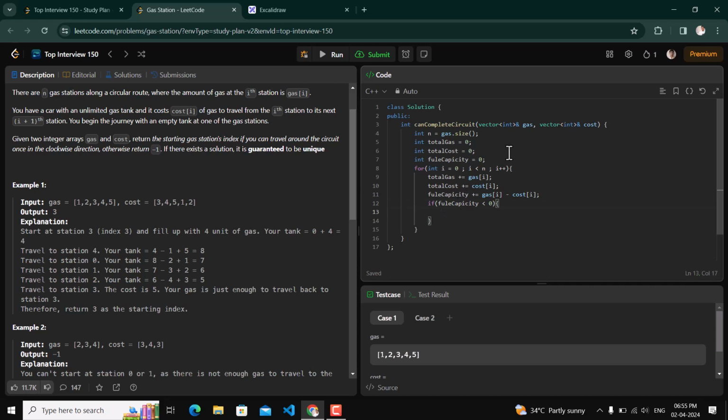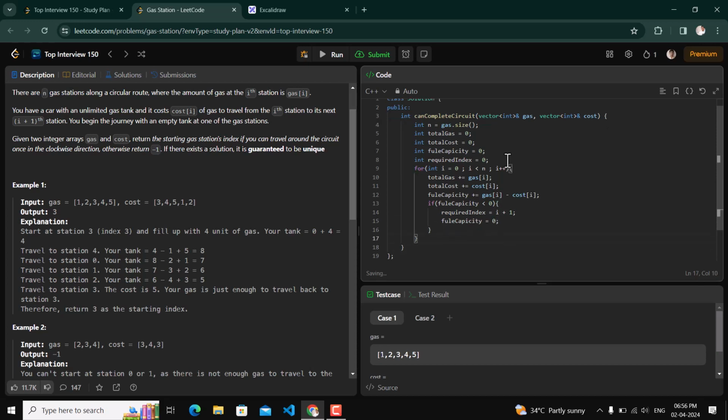Okay, sorry, we have to make one variable that will have the answer: required index equals to 0. Then required index equals to I plus 1, because we will start from the next, and then we will make fuel capacity equal to 0.